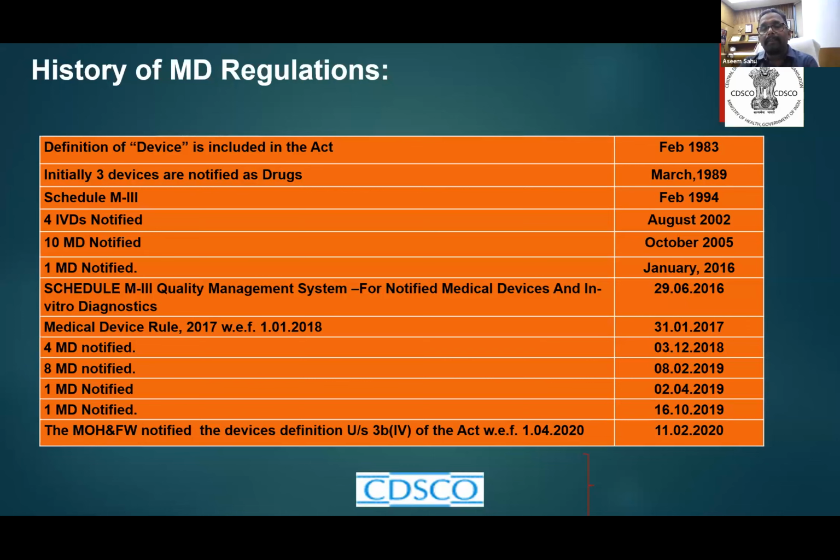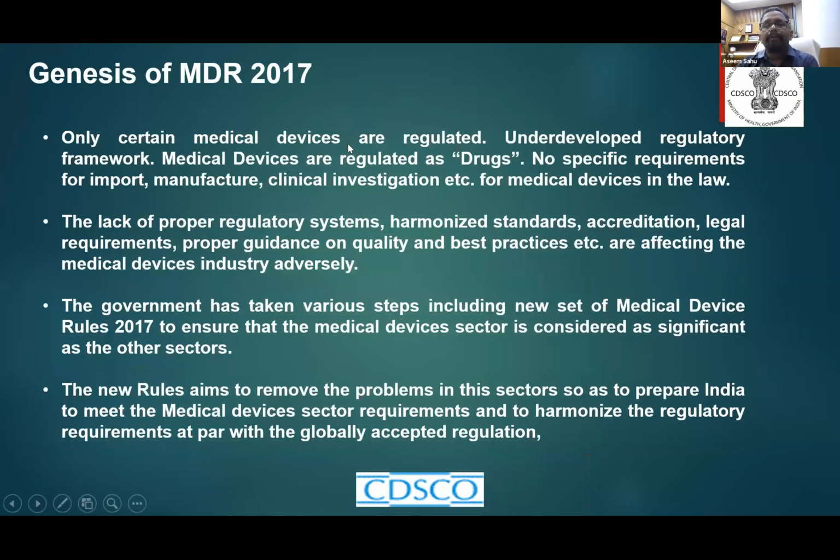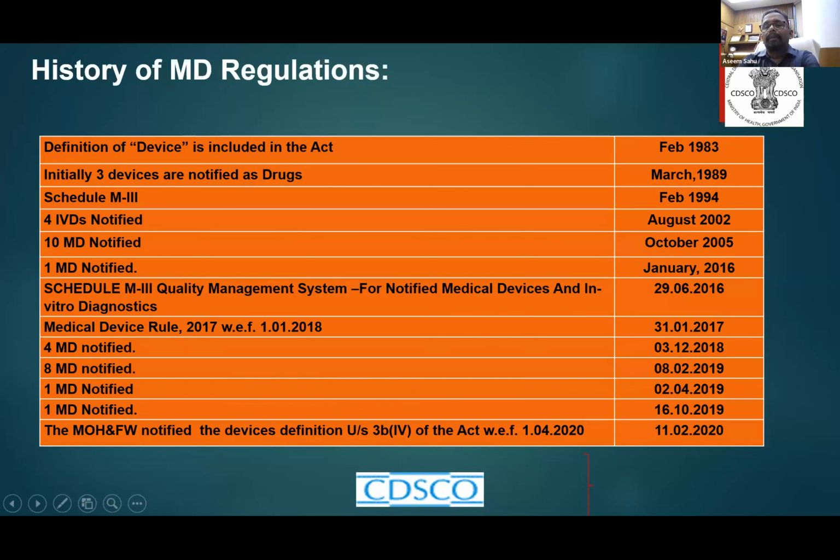Now if you see the history, the first medical devices notification was published in February 1983, where we made the provision in the definition of drugs to incorporate medical devices. Before that, there was no provision for medical devices. Under the definition in section 3(b)(iv) of the Act, we added it in the year 1983. Thereafter, in 1989, only 3 medical devices were notified for regulation.